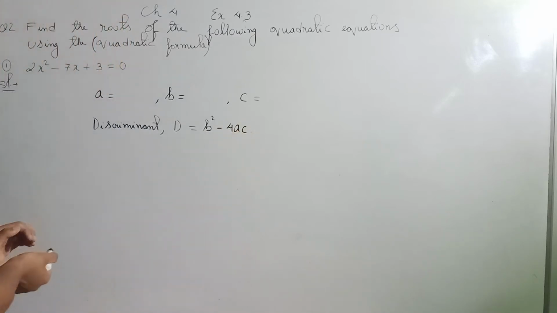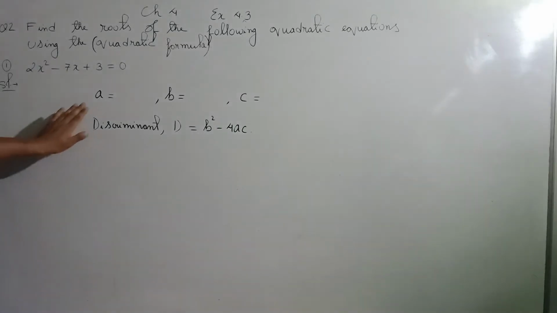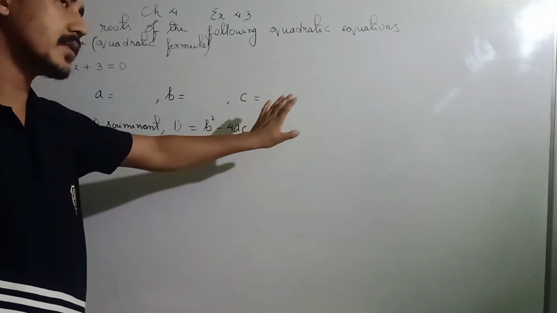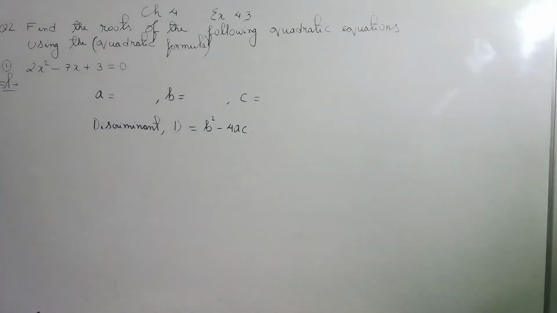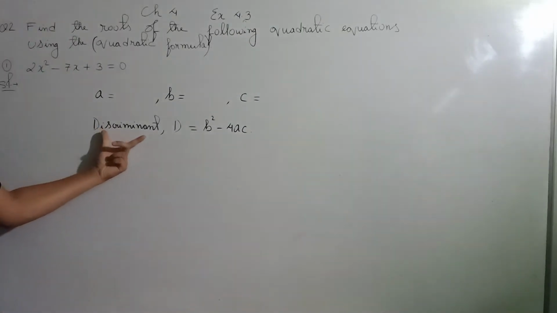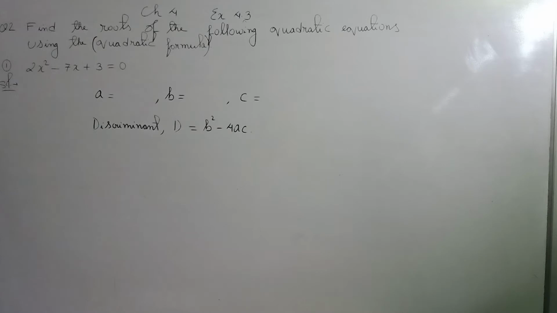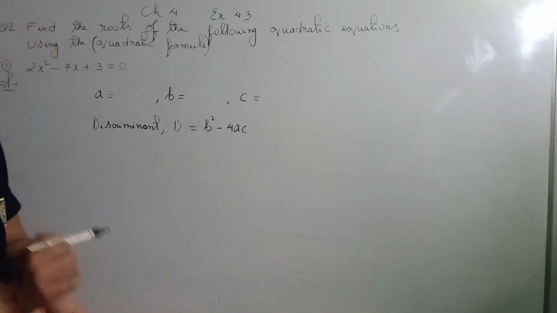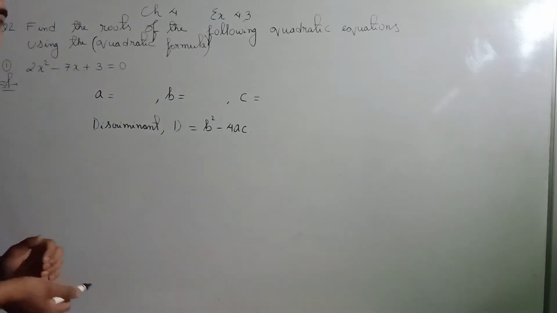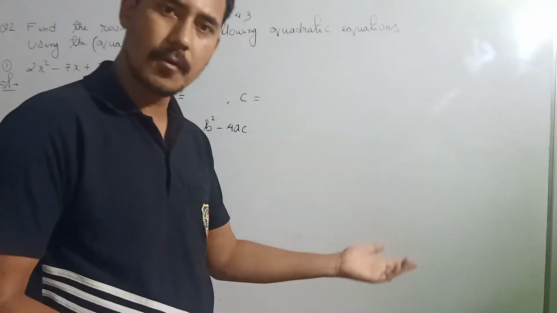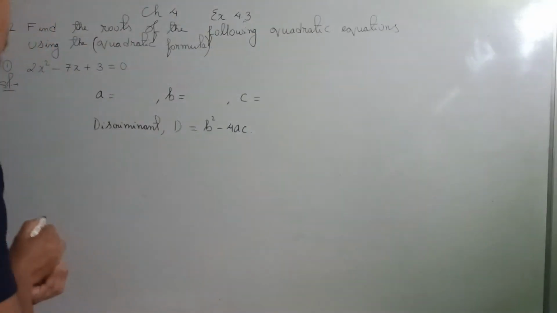In the quadratic formula, A represents the coefficient of x square, B represents the coefficient of x, C represents the constant term. We need to find out another factor known as discriminant. Discriminant is given by the formula b square minus 4ac. Now, the value of discriminant can be positive, it can be negative, or it can be equal to 0.